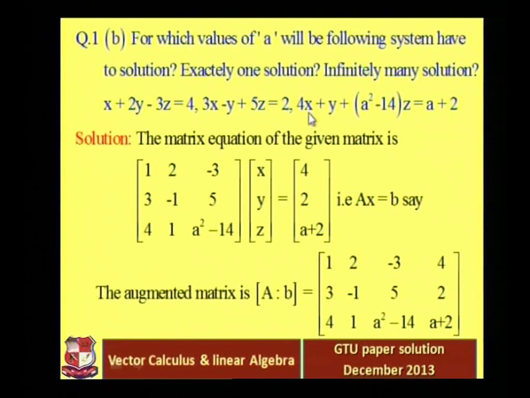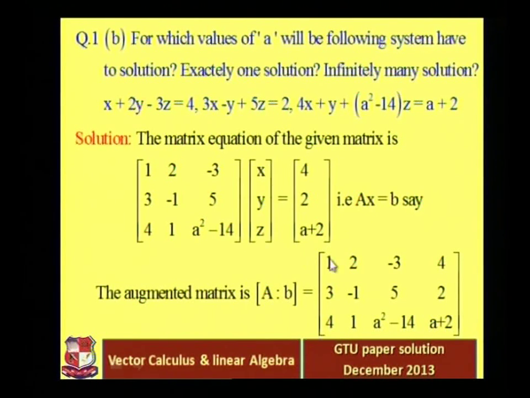Okay, so now the coefficients of x, y and z in the third equation are 4, 1, and also a square minus 14. So this is a square minus 14, times x, y, z, that is equal to 4, 2, a plus 2. Okay, B is the right hand side part, that is 4, here 2, and this is a plus 2.